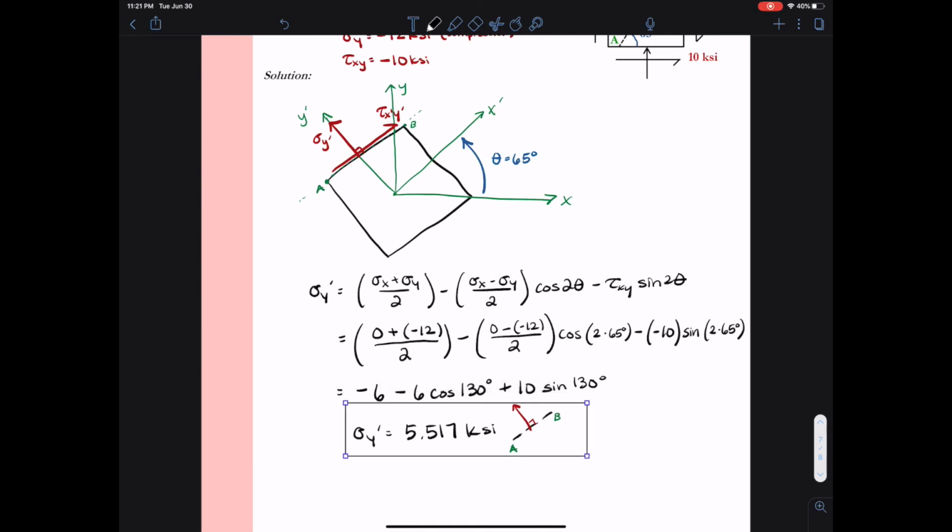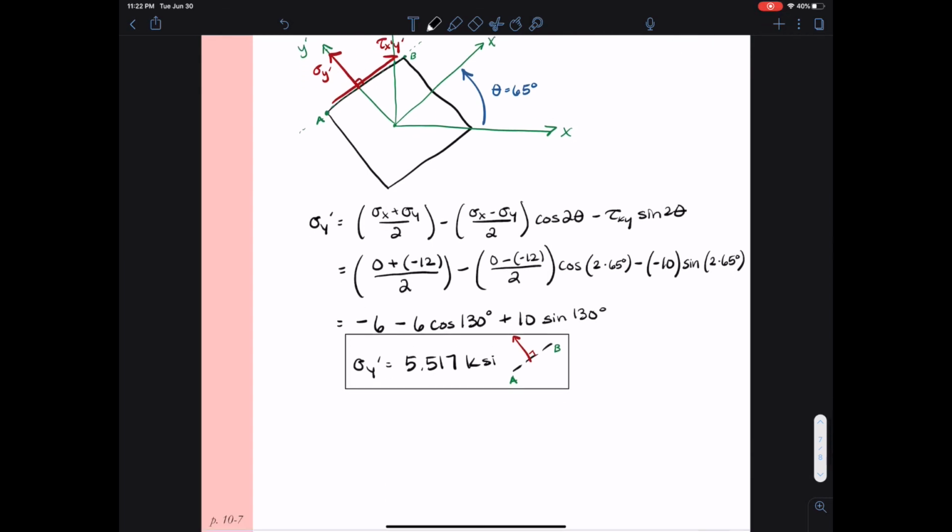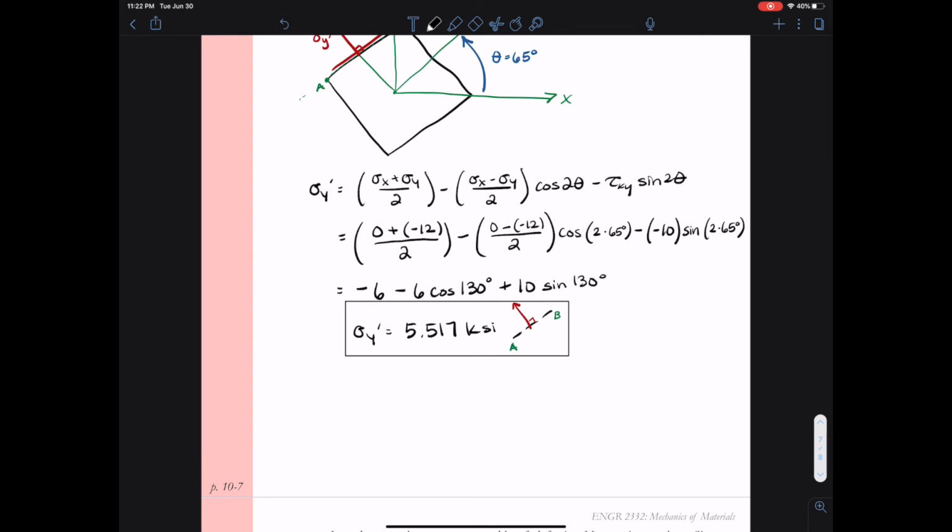All right, the question also asked us to identify the shear stress tau x prime y prime on this rotated plane. So we're going to go ahead and copy the tau x prime y prime equation, and then we're just going to substitute the values again in making sure that we keep track of our signs. So I'll leave you to it.